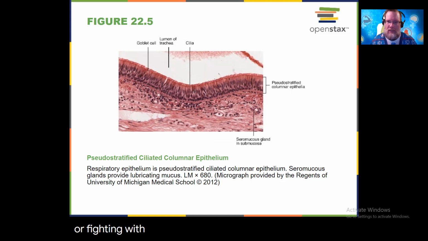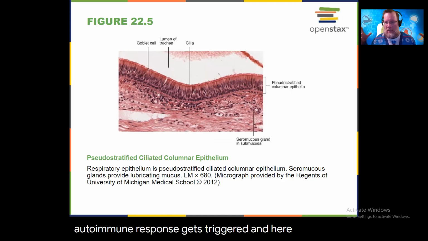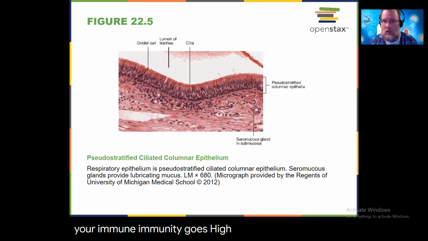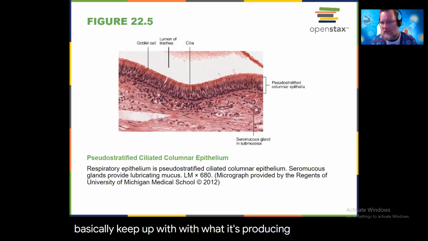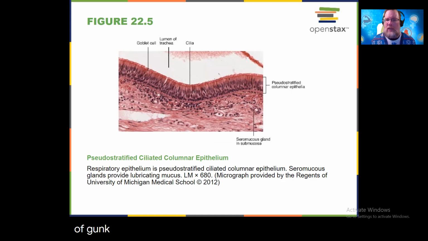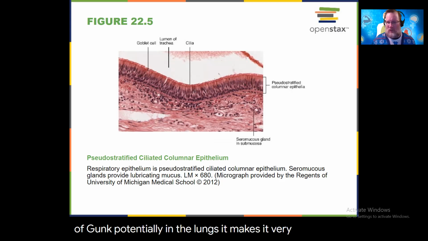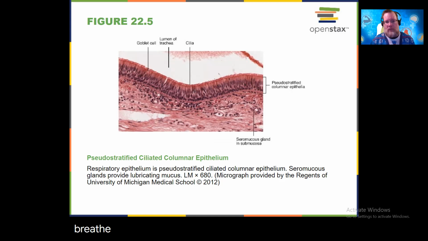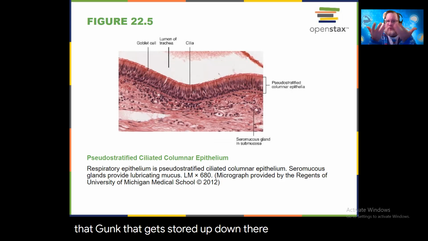We're finding with COVID-19 there's almost like an autoimmune response that gets triggered, and your immunity goes hyper crazy, trying to keep up with what it's producing to fight COVID, the coronavirus, COVID-19 specifically. So it does create a whole bunch of gunk potentially in the lungs. It makes it very difficult to breathe. Anyway, the cilia help with moving all of that gunk that gets stored up down there.